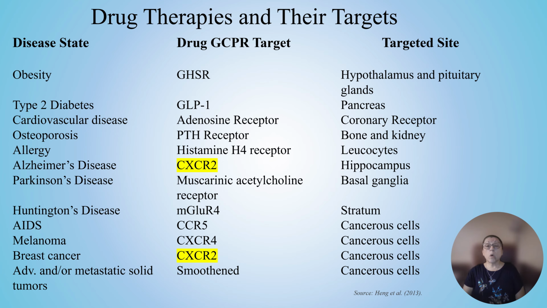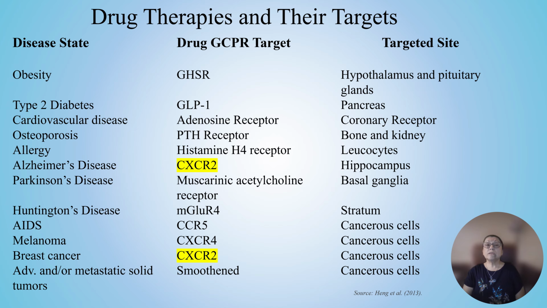This is only an overview, so it does not include every possible disease state, receptor, or treatment site. For obesity, the GPCR target shown is the GHSR, which is associated with the hypothalamus and pituitary gland. This one will suppress hunger.